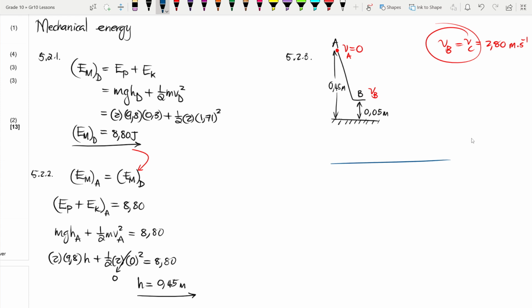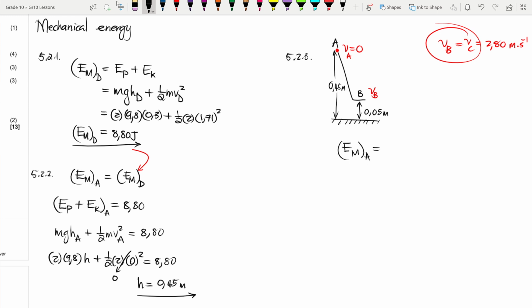At the same level, we'll have the same velocity and the same energy. Then what we need to do is set up the equation for conservation of mechanical energy, that is EM at A.